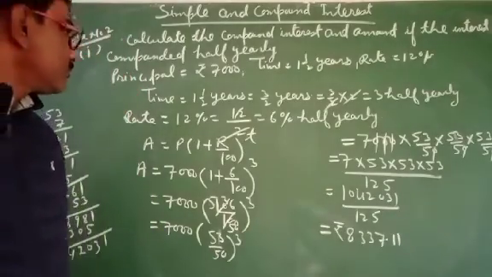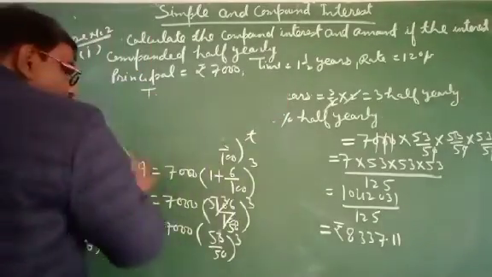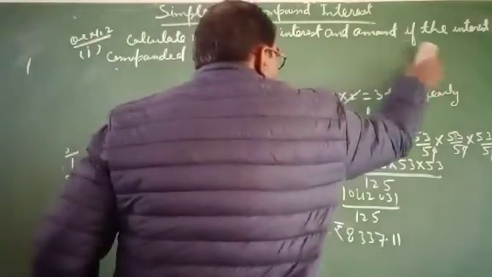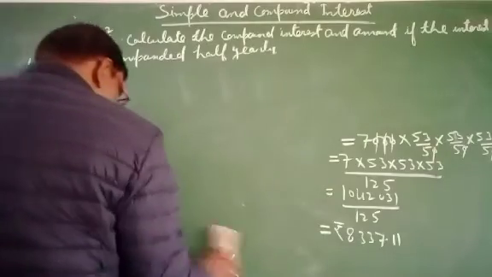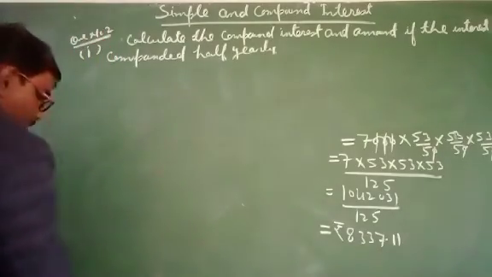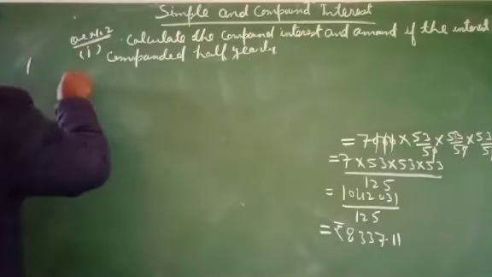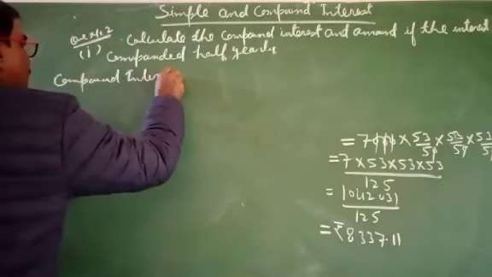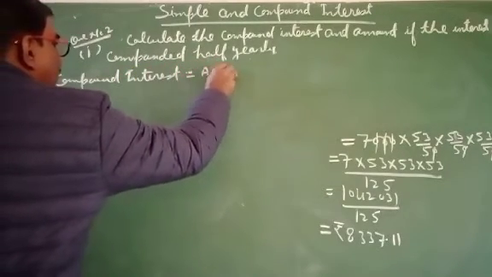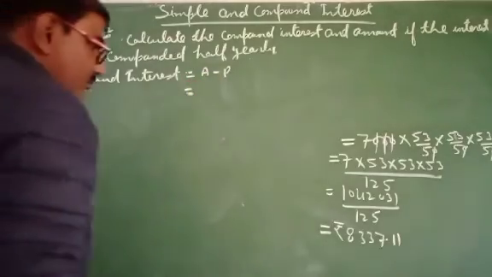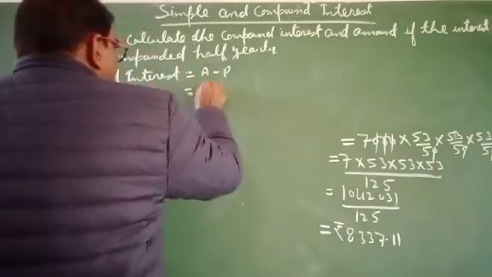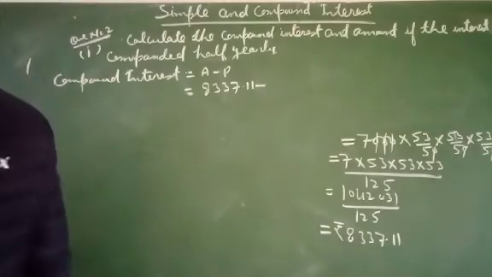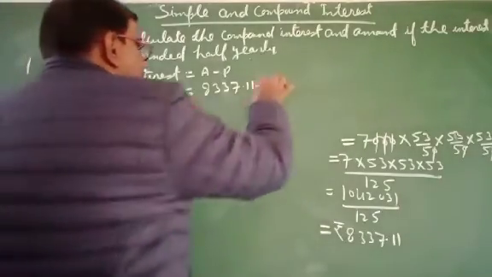So compound interest equals A minus P. Here amount is 8337.11 minus principal is 7000.